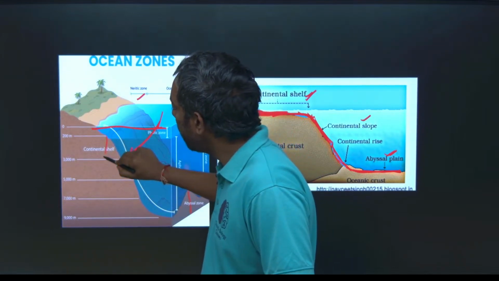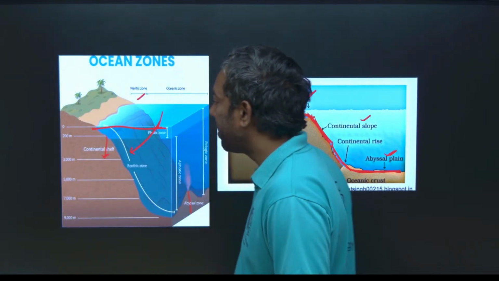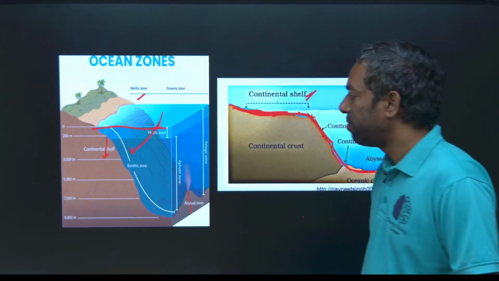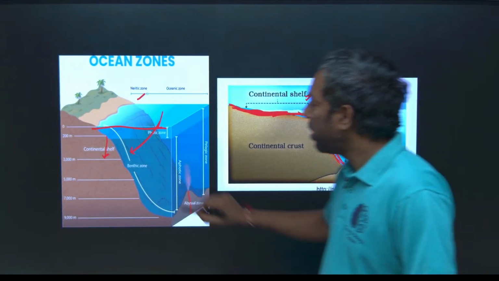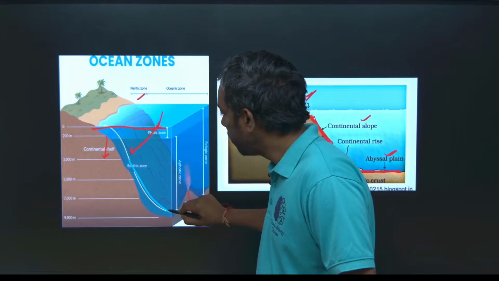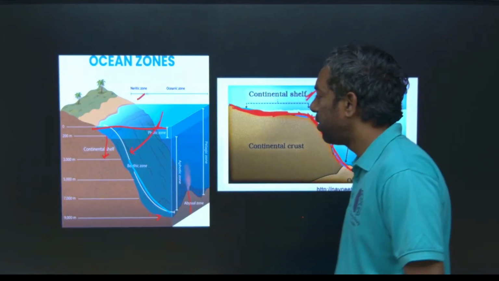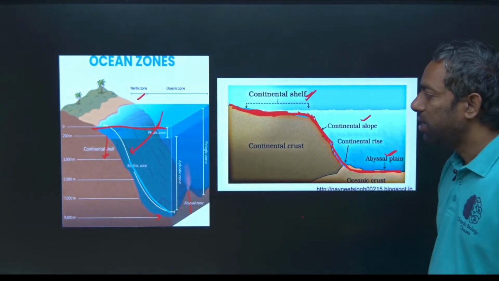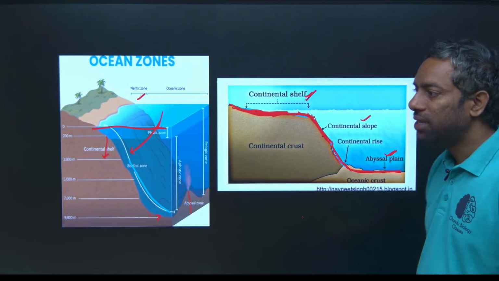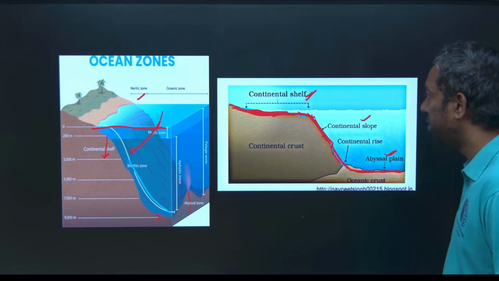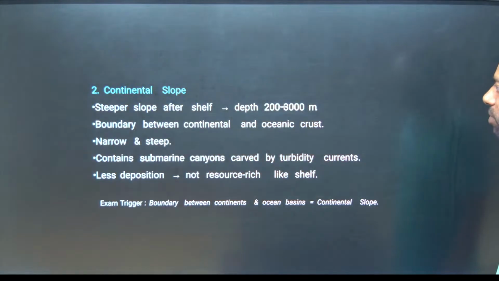Up to 9000 meters is the benthic zone. Benthic means the deep zone, guys.